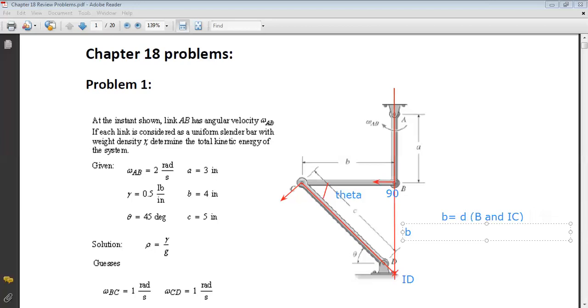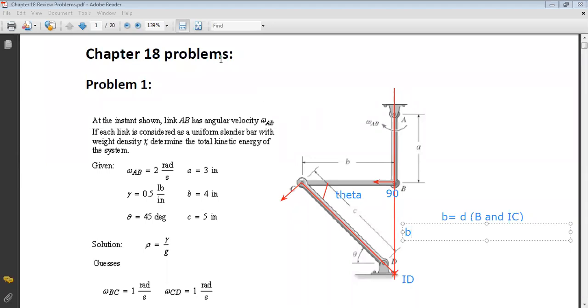Now, how can we find omega of BC in a simple way? V over B, yes, very good.